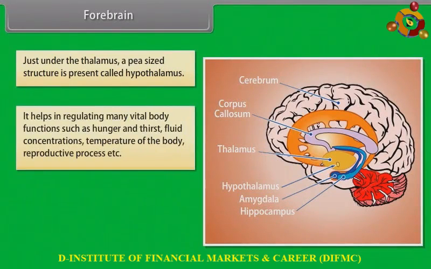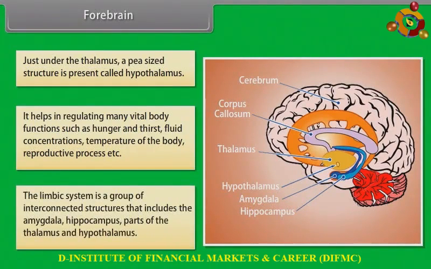It helps in regulating many vital body functions such as hunger and thirst, fluid concentrations, temperature of the body, reproductive process, etc. The limbic system is a group of interconnected structures that includes the amygdala, hippocampus, parts of the thalamus, and hypothalamus.